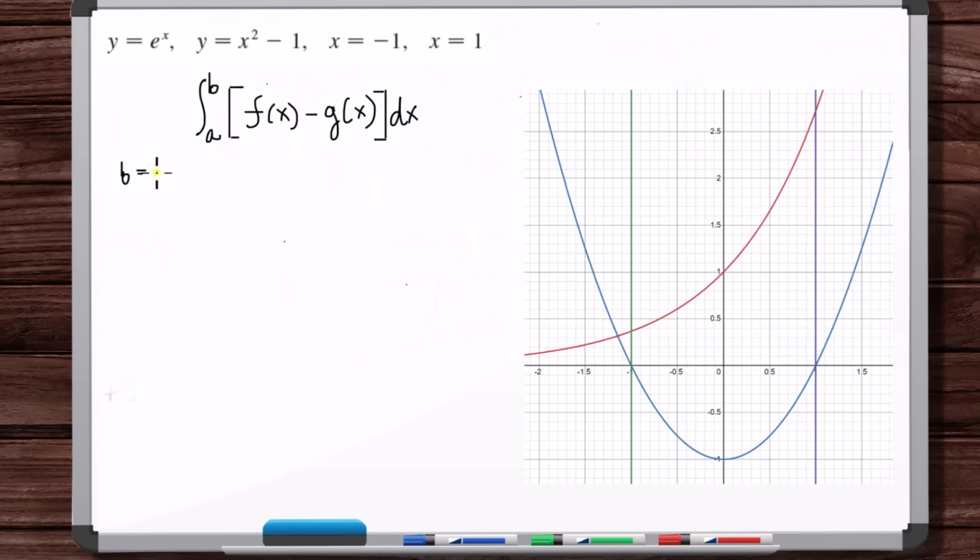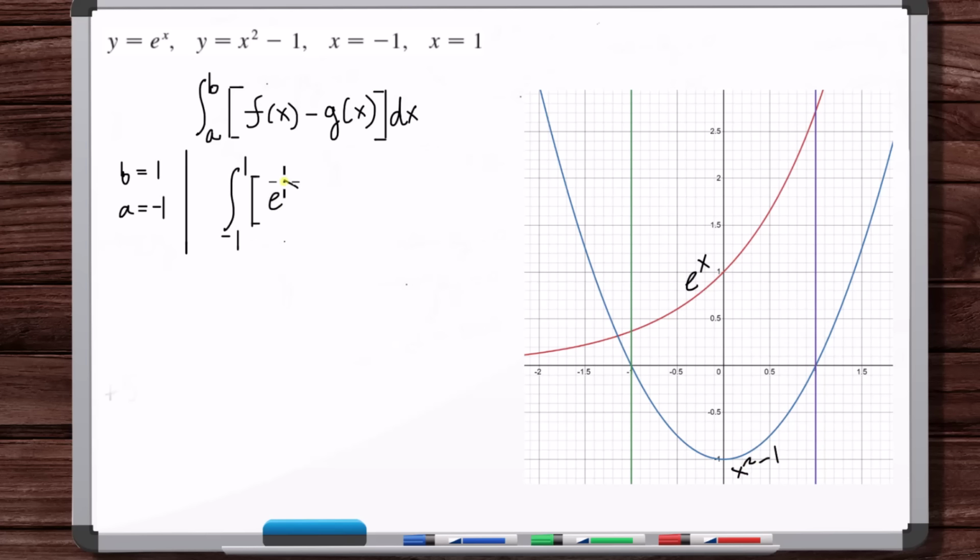So the limits of integration are going to be from a is equal to -1 to b is equal to 1. All right, and so we want to integrate from -1 to 1. And so this is e to the x, and this is x squared minus 1.